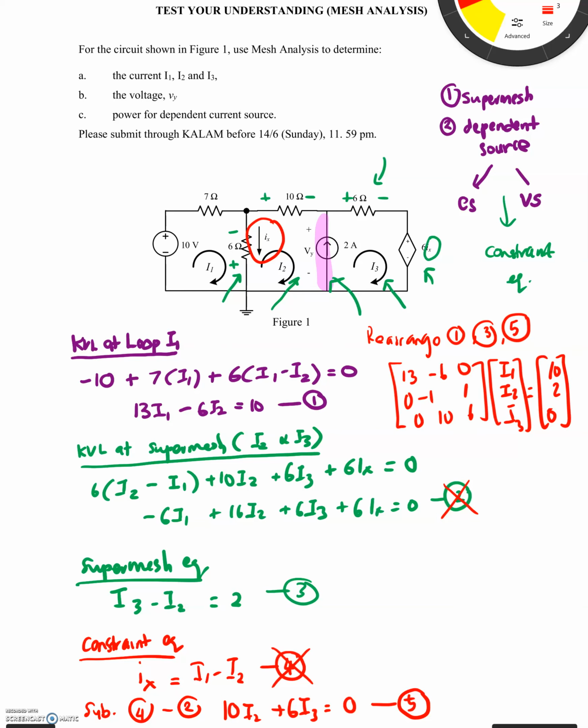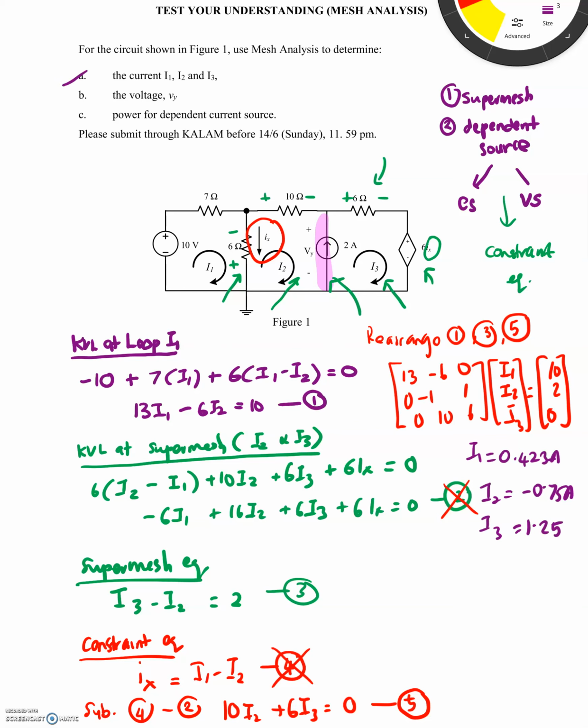Then you substitute this into the calculator, and the answer will be I1 is equal to 0.423 m, I2 minus 0.25 m, I3 equal to 1.25 m. So this is the answer for the first question.